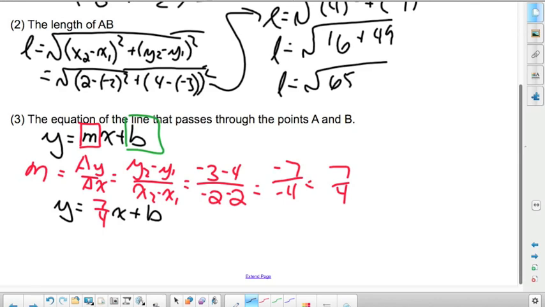Okay, why can we plug in the midpoint? Why can we plug in any point on the line? Why does plugging any point on the line give us b? And this is a concept that you really need to grasp. I'm focusing it with my grade 9s because it extends to quadratics. And I'm seeing this year a lot of that concept was not getting across.